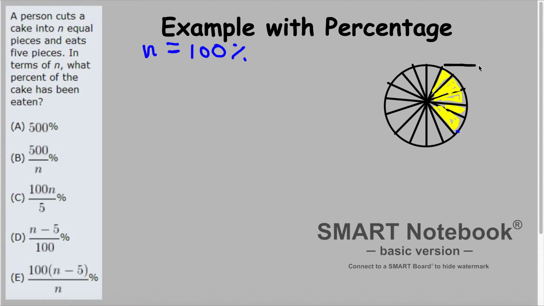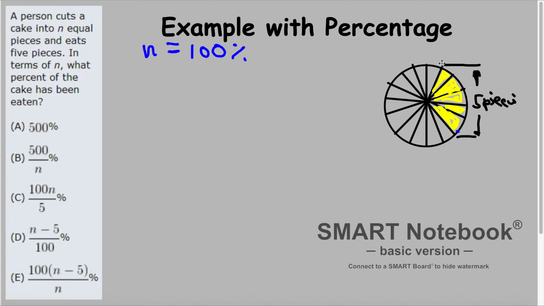So this here is 5 pieces. So 1, 2, 3, 4, 5 pieces. Okay, so I'm writing just 5 pieces.